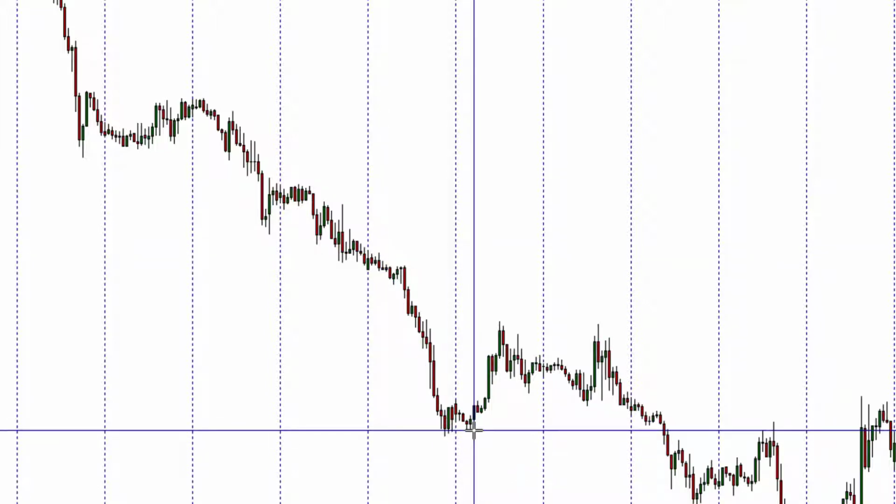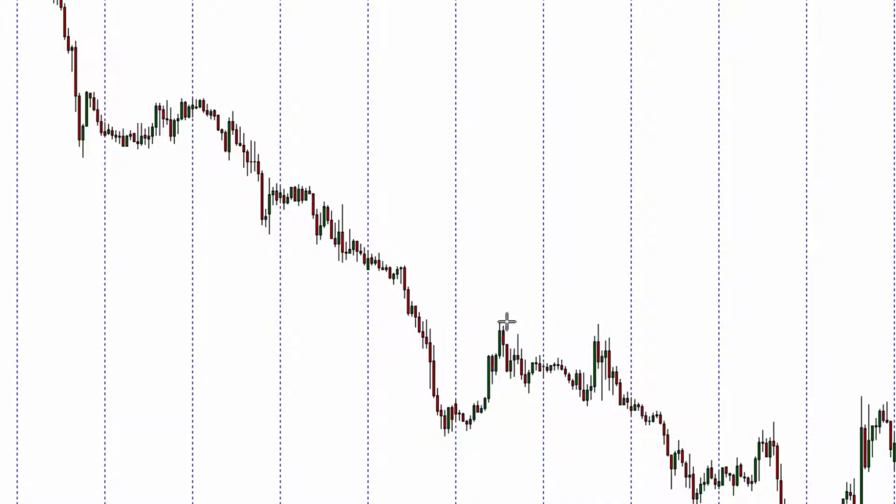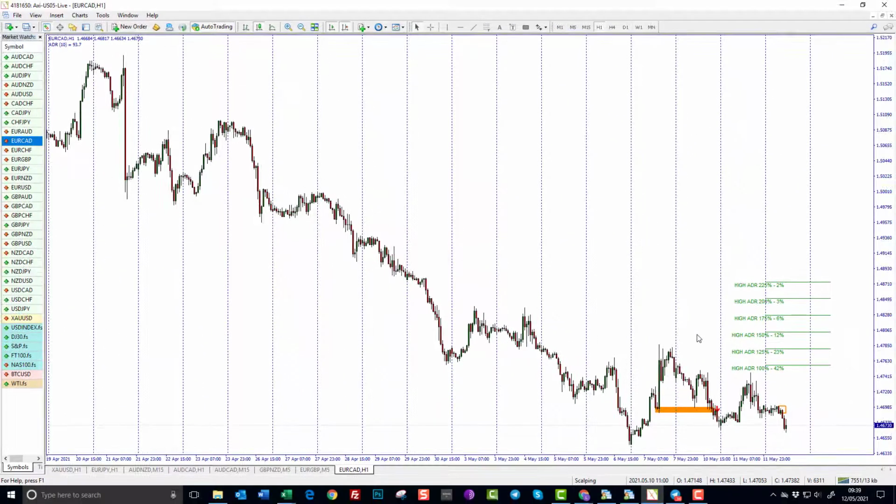And the day after that, we had a range of 78 pips roughly, and so on. That is basically how it's calculated. We measure the range of the pair on every single day, and then we divide that total by our measurement, in this case 10 days, and that gives you your average.